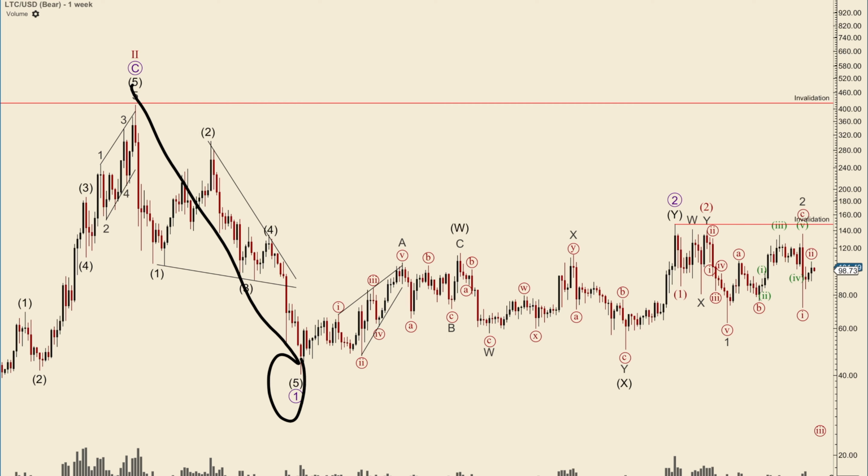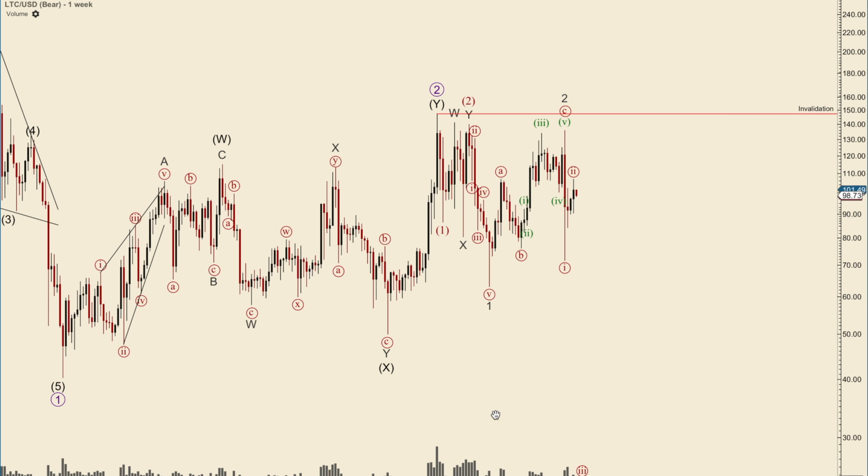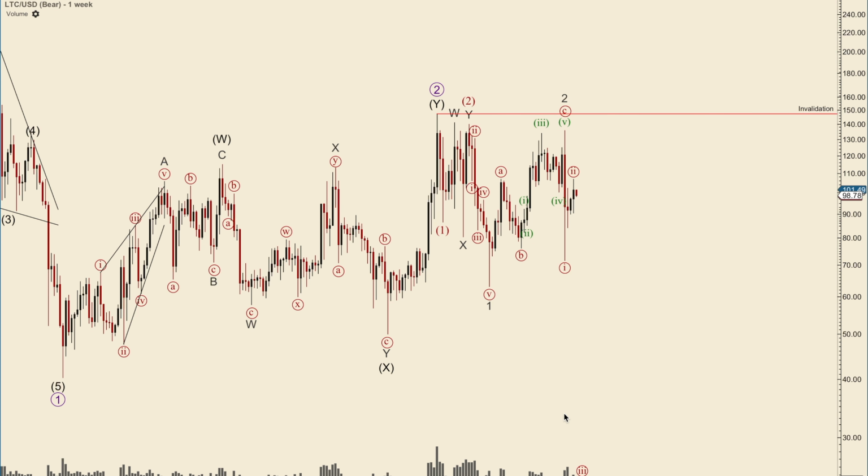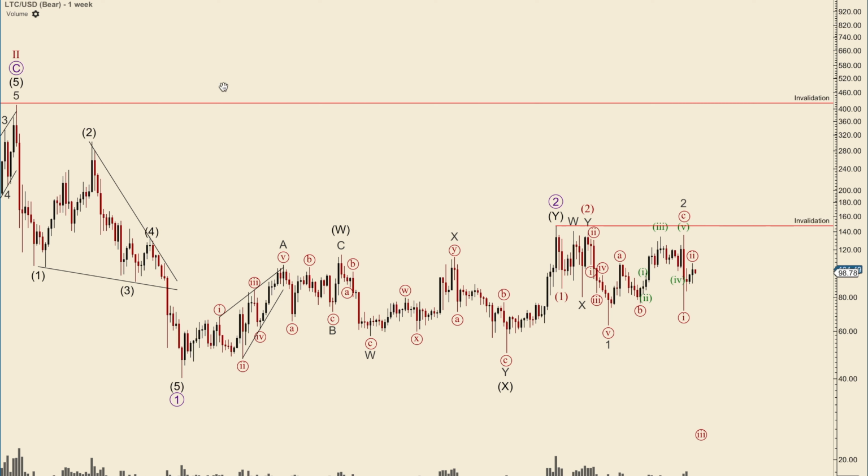So 1, and then we have WXY into wave 2, and after that, on the recent price action, you have a wave 1, 2, 1, 2, and then 1, 2, 3, 4, 3, 4, 5, 4, 5, 4, and so on. Basically bear market.